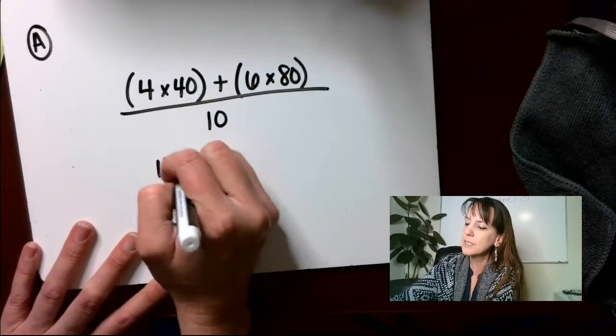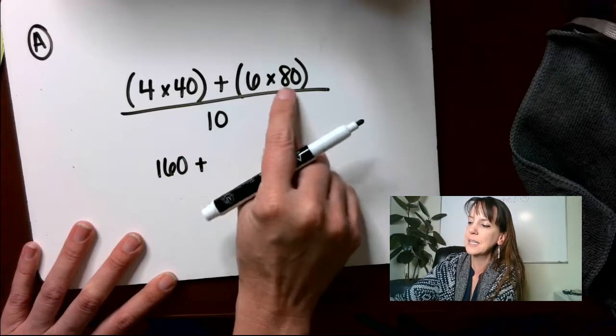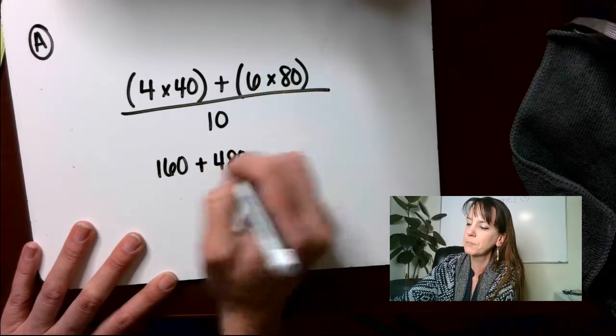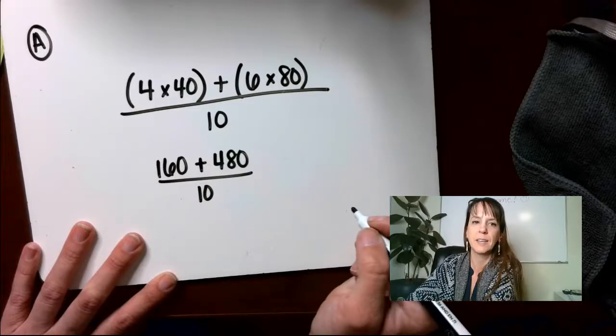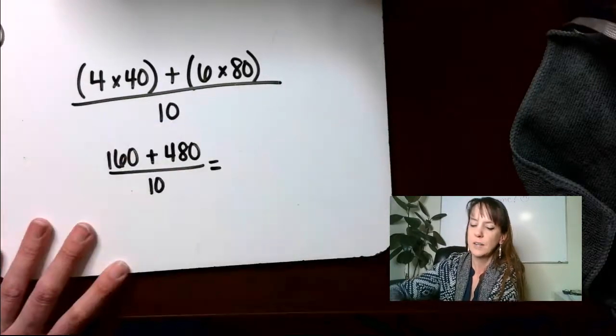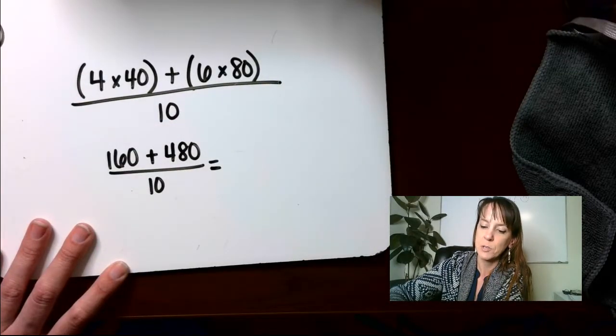So you add those together. So we get 160 plus 6 times 8 is 48 with a 0, over 10. Okay? I don't want to make a mistake because it's costing me a fortune in candy.